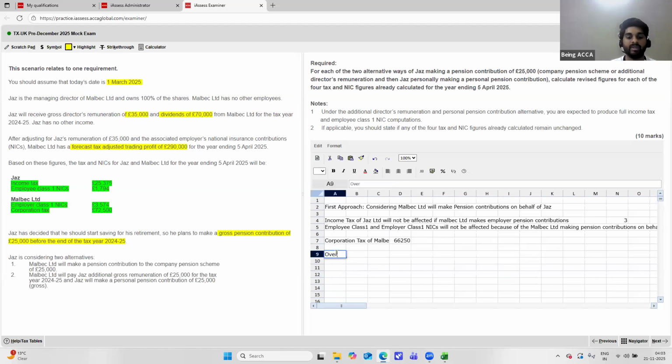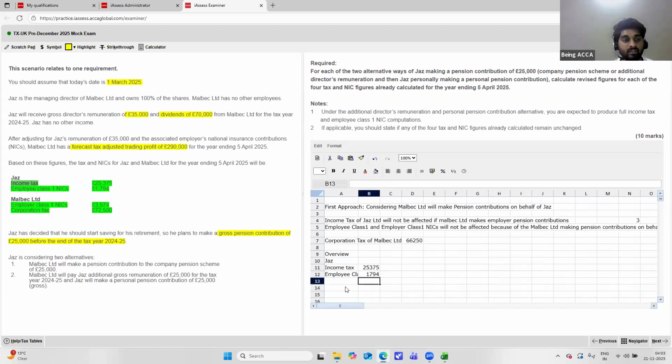So the overview would be, you can literally copy this. Income tax would be 25,375. Jazz's income tax and employee class 1 NIC would be equal to 1794.